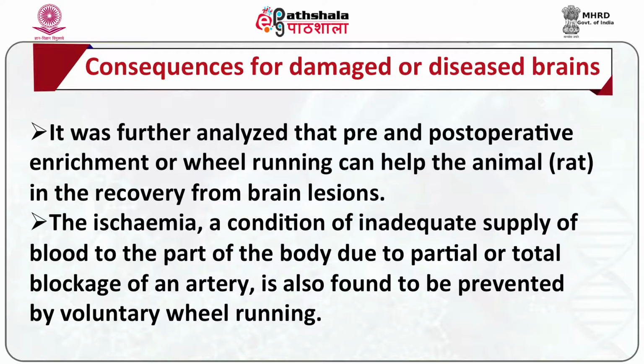It was further analyzed that pre- and post-operative enrichment or wheel running can help the animal recover from brain lesions. Ischemia, a condition of inadequate supply of blood to a part of the body due to partial or total blockage of an artery, is also found to be prevented by voluntary wheel running.